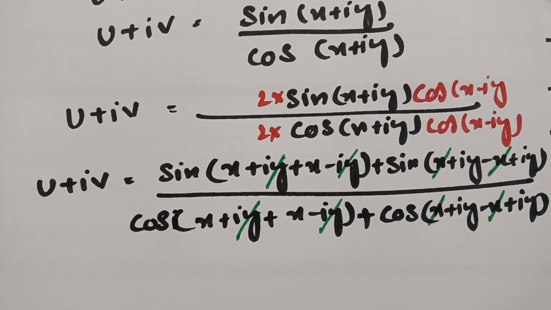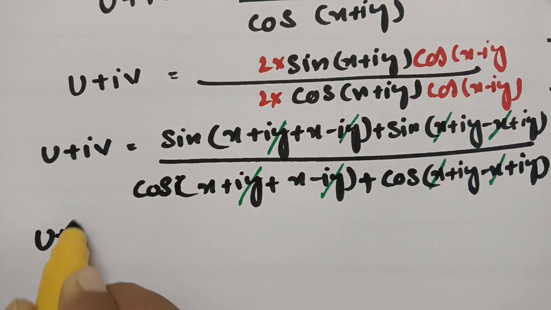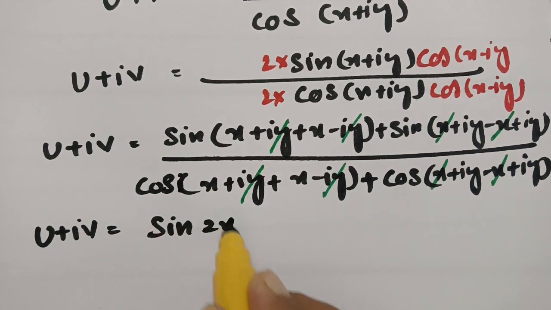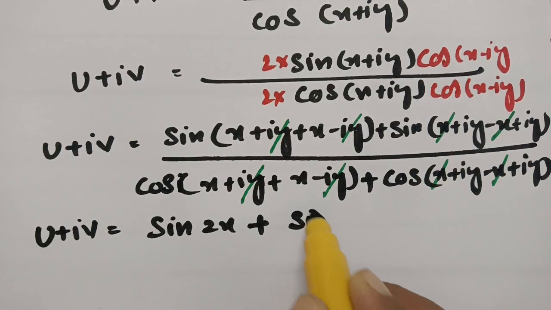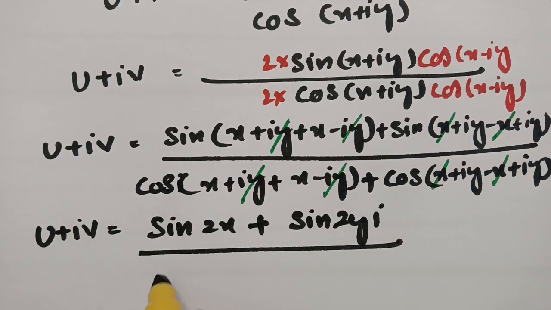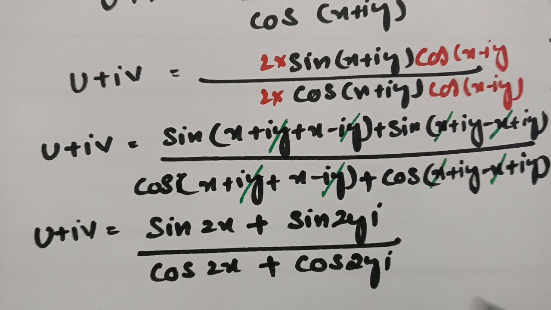And see what remained here. U plus iV is equal to sine 2x plus sine 2iy, divided by cos 2x plus cos 2iy.